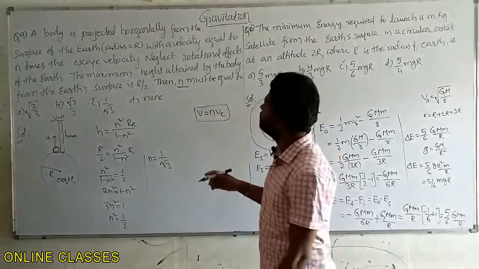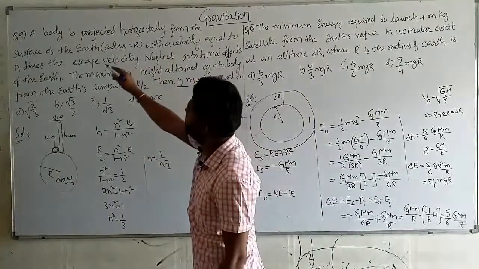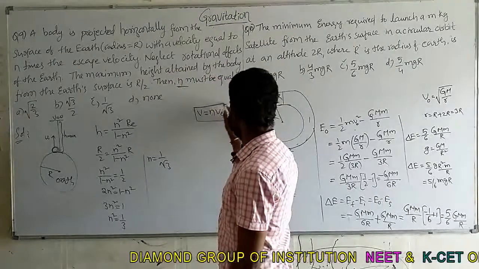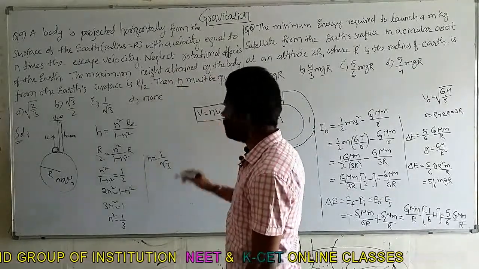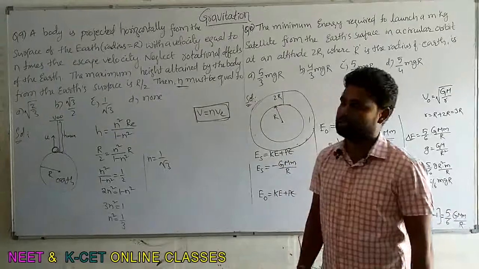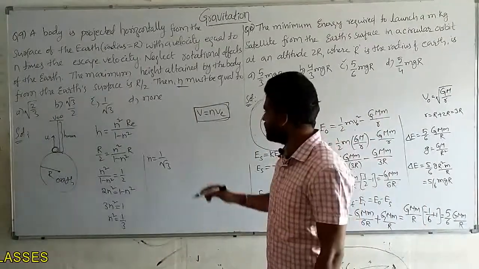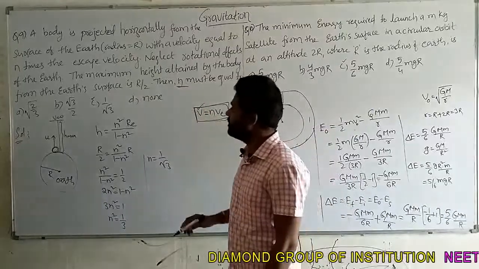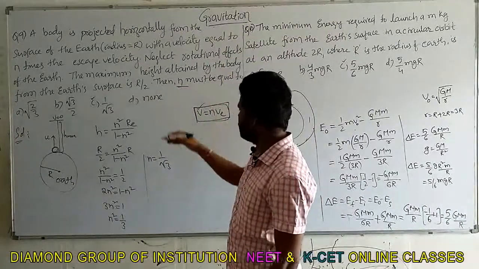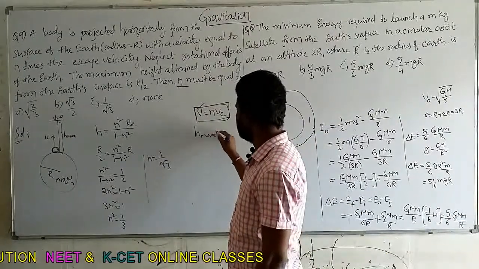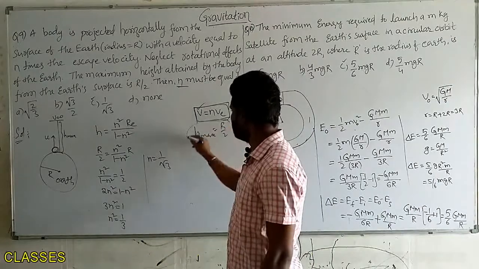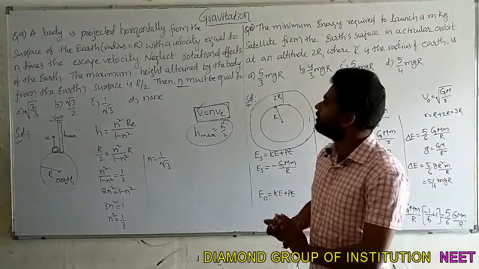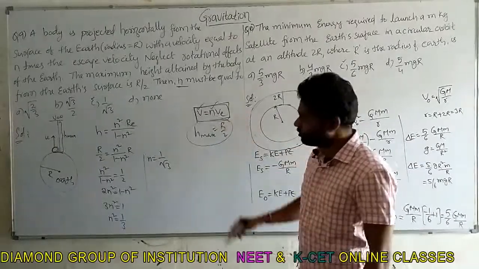The body is projected with velocity v, that is equal to n times the escape velocity. That is given, and the maximum height attained by the body is R by 2. Okay, then what is the n value? This n value we have to find.